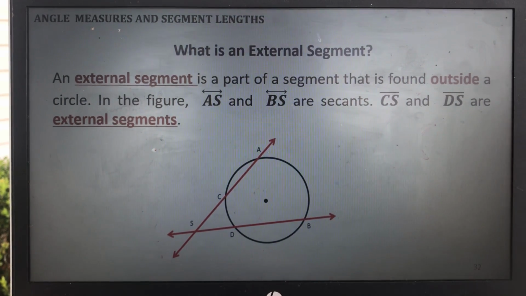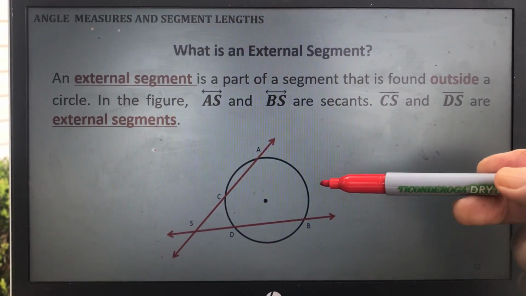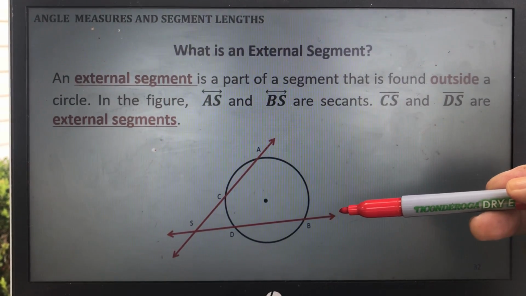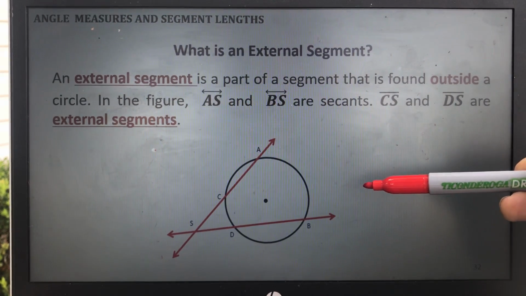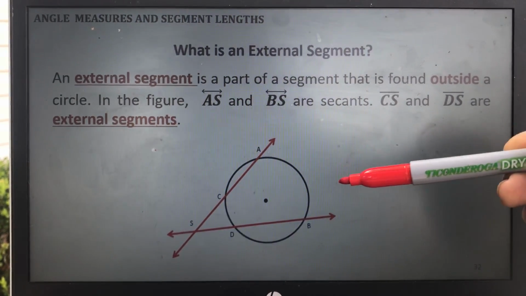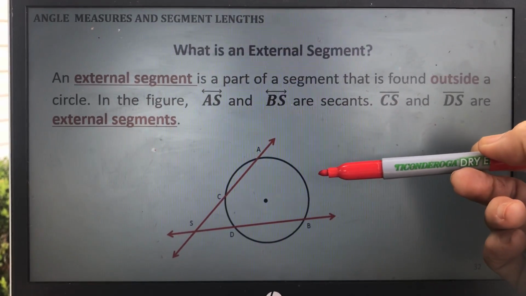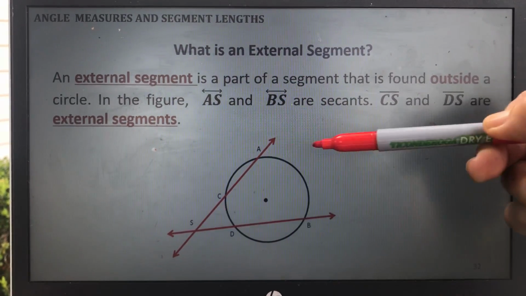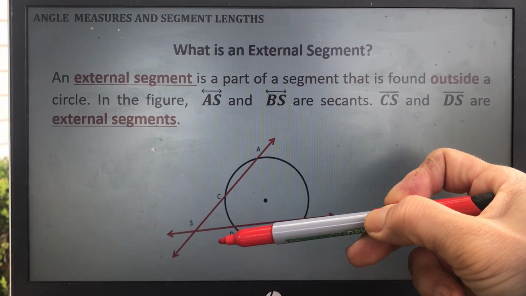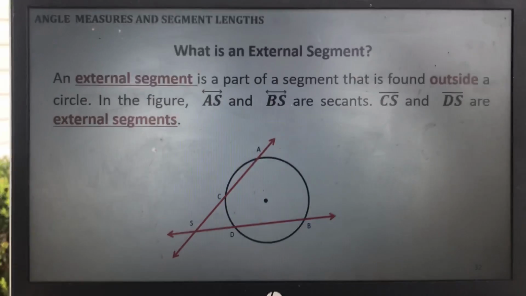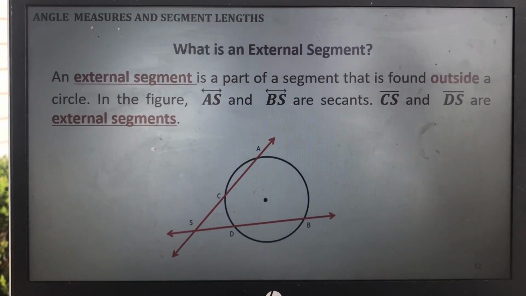So that means in this figure we have lines AS and BS. Both of these lines are secants. Line segments CS and DS are said to be external segments. So if we look at our model, we have lines AS and BS. As we've already learned, both of these lines are said to be secants.